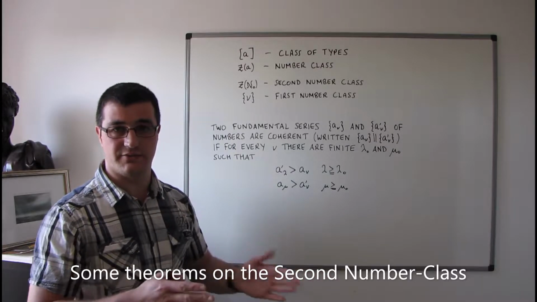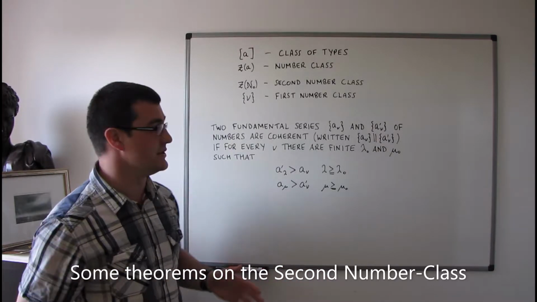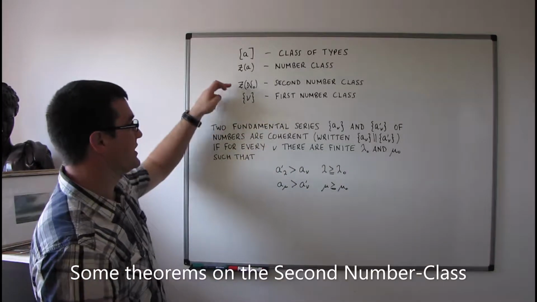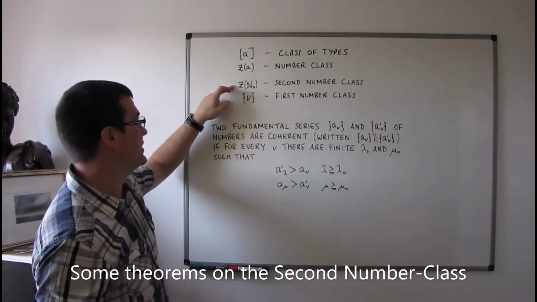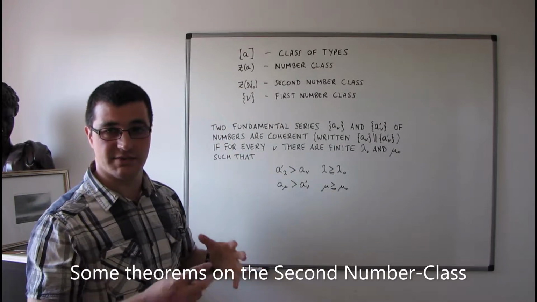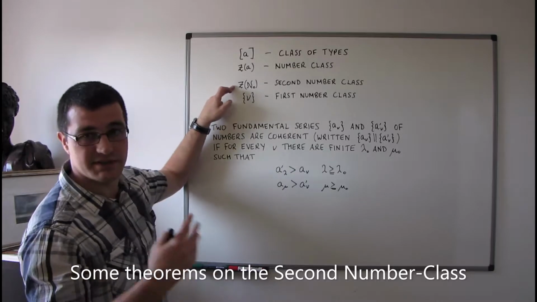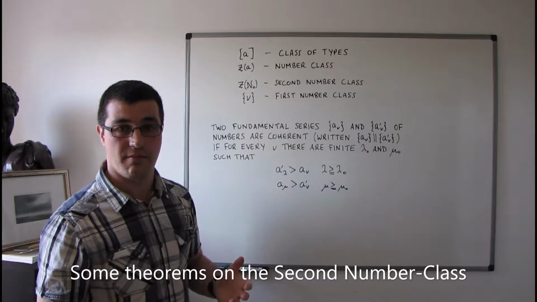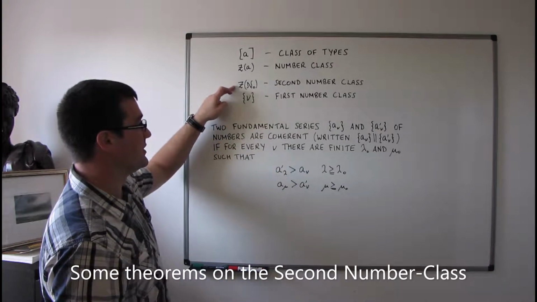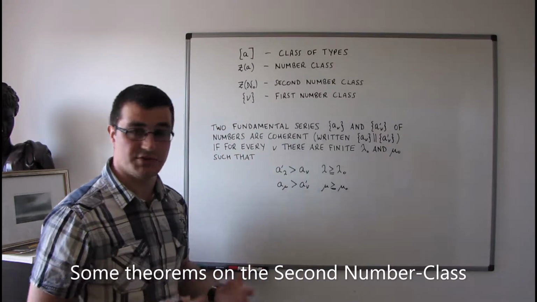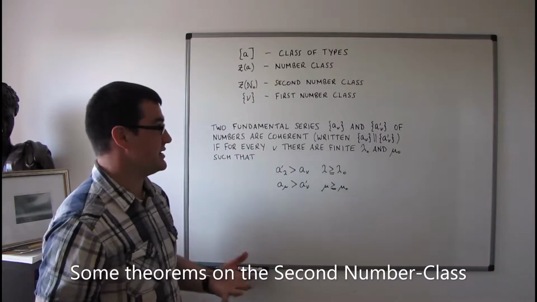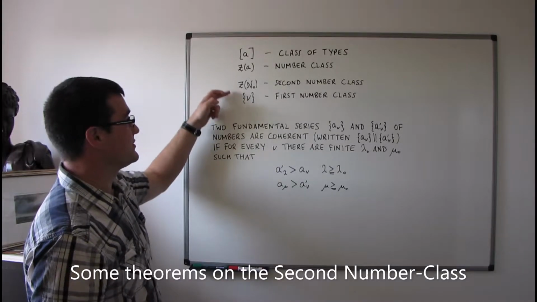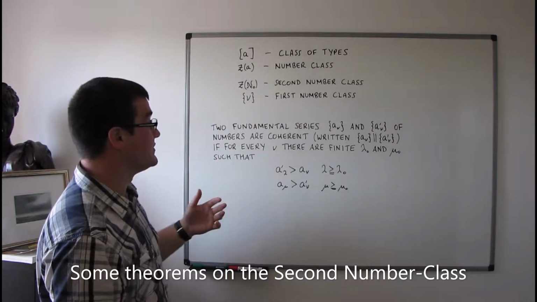You take two different finite ordinals, they're going to have different cardinal numbers. Whereas with the second number class and the higher number classes, it's a completely different concept that unites them: their common cardinal number. They've all got the same cardinal number. Not that this plays too much of a role, but I wanted to point out the distinction between the two types of number class.